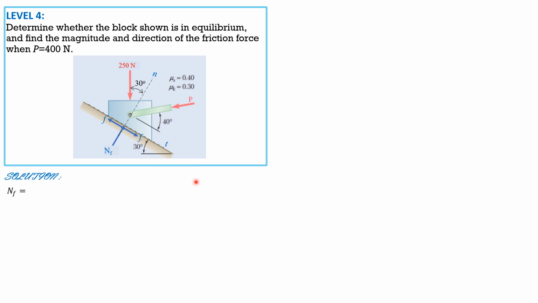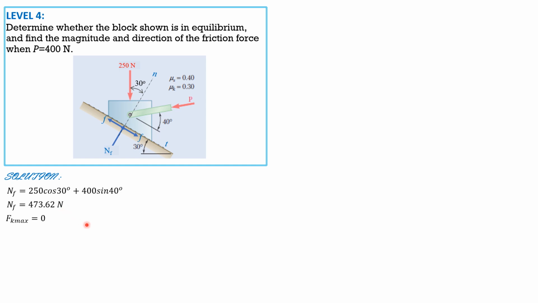So N equals 250 cosine 30 plus P, 400 sine of 40 degrees. So N is equal to 473.62 newtons.